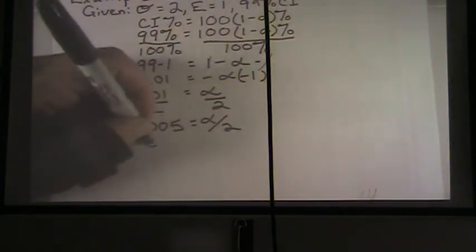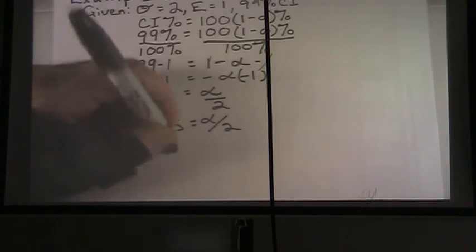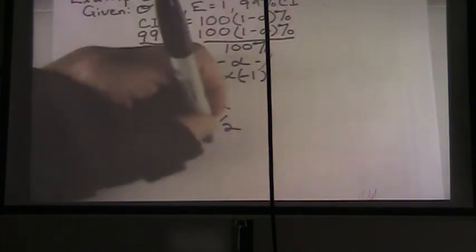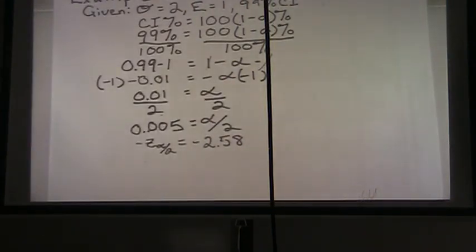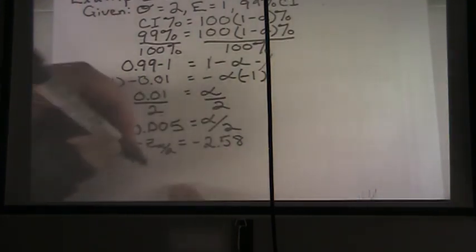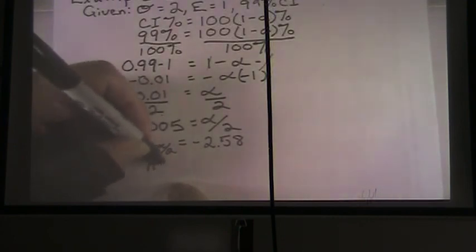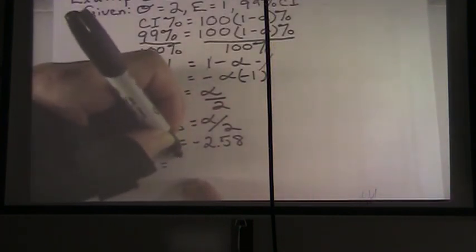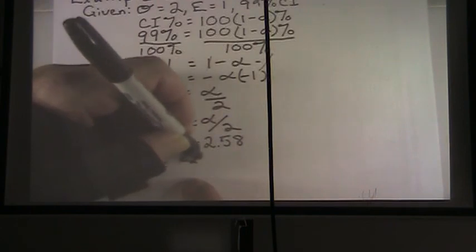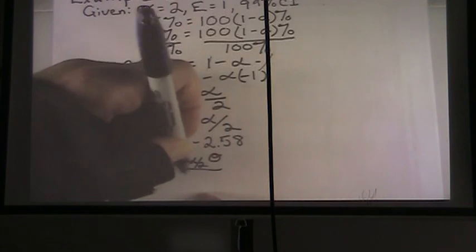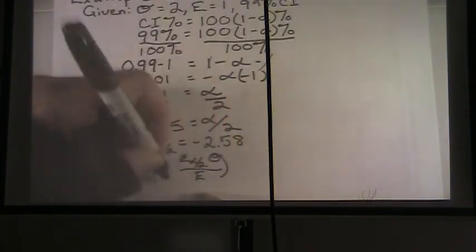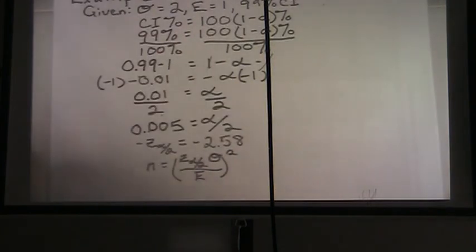Now, I could put this down as our negative z alpha divided by 2 equals negative 2.58, and everything would still come out okay, because when n equals z alpha divided by 2 times standard deviation divided by error, right?